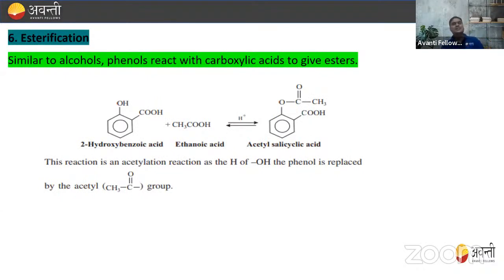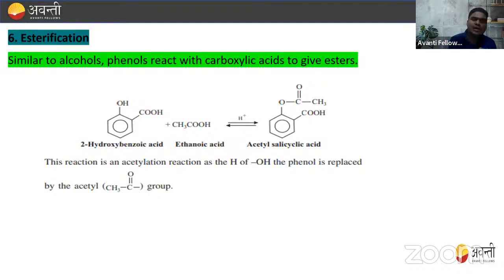Now the last reaction, and this is also a very important reaction, that is esterification. Similar to alcohol, phenol reacts with carboxylic acid to give the ester. Just like in alcohol, the reaction is reversible in nature as well.